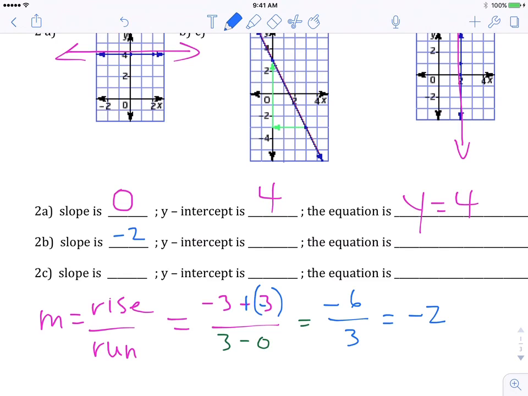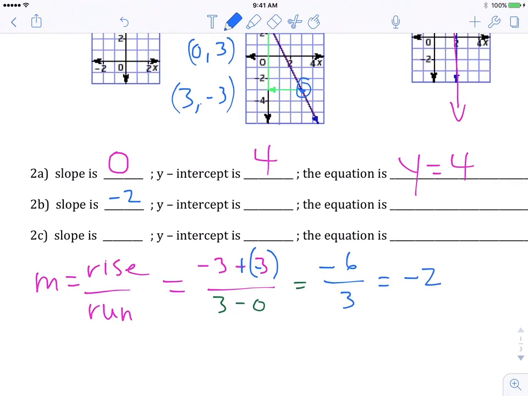Another way of doing that is to look at this point right here, and we know that coordinate is 0, 3, and we know this coordinate right here, so I'm looking at these two coordinates here. This coordinate here is 3, negative 3. And we can use our formula slope equal y2 minus y1 over x2 minus x1.